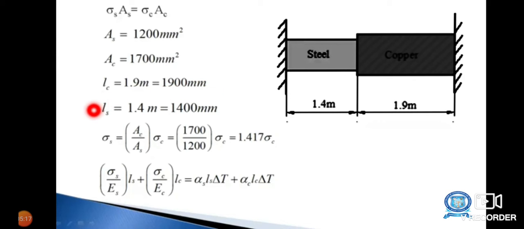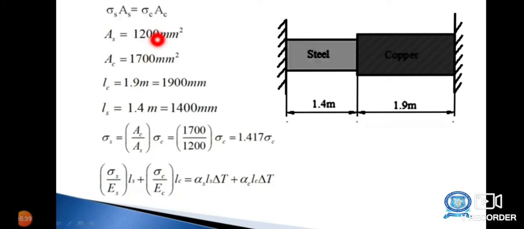Then the length of steel is 1.4 meter, also converted by multiplying with 1000, giving 1400 millimeter. Next, the formula: sigma s equal to A c divided by A s into sigma c.